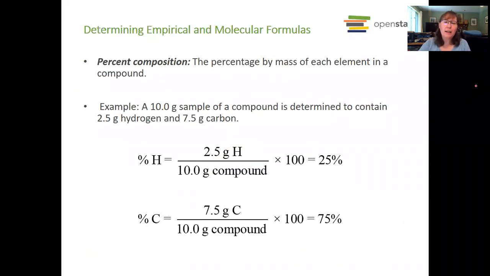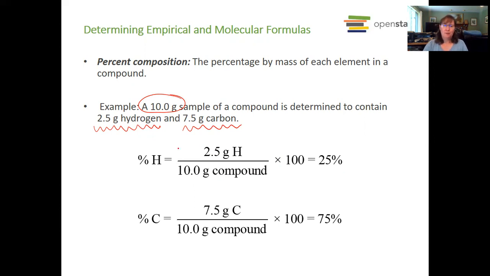Okay, now let's take a look at empirical and molecular formulas. Okay, so a percent composition is the percentage by mass of each element in a compound. So there's a couple ways of doing that. First of all, if we have a 10-gram sample of a compound and we see that it has 2.5 grams of hydrogen and 7.5 grams of carbon, then what you have here is the mass of the element over the mass of the compound times 100 gives you the amount.